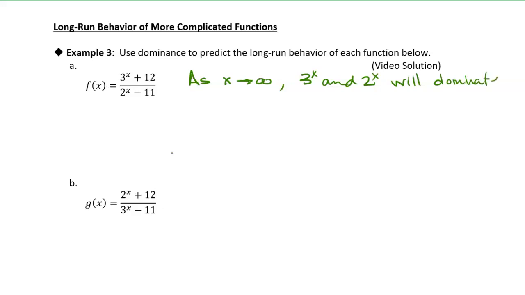Okay? So just like we did with rational functions, we can look at just the ratio of 3 to the x over 2 to the x and just ignore the plus 12 and the minus 11, because compared to infinity, 12 looks like a really small number.